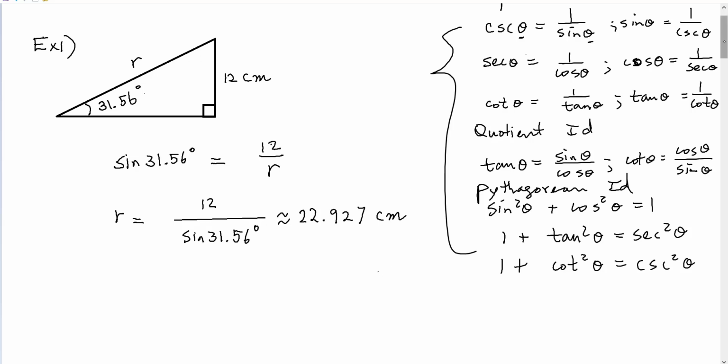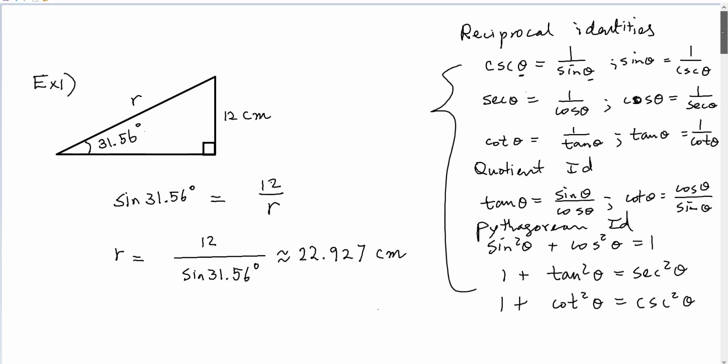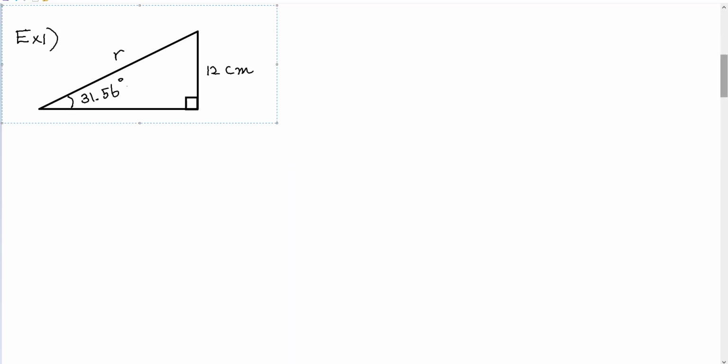Now, if I put a similar question, I'll let you do that question, okay? So I'm erasing this question as my second example, and I'm going to skip the theta.